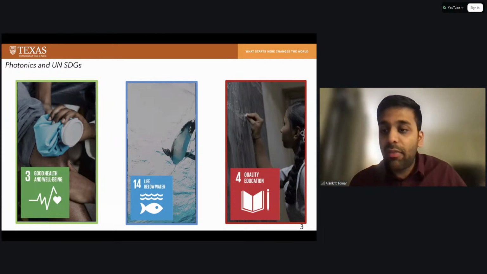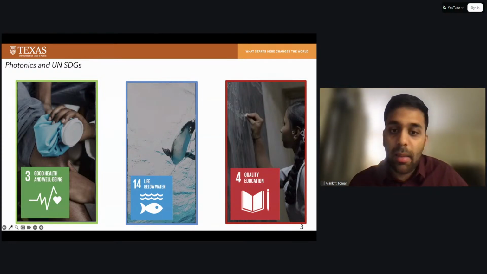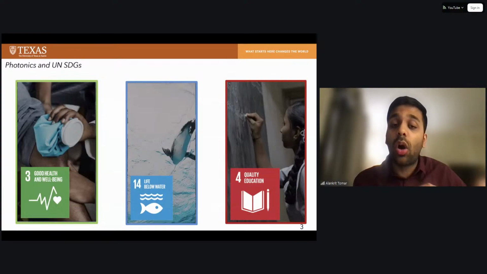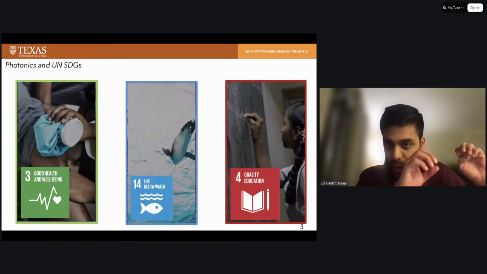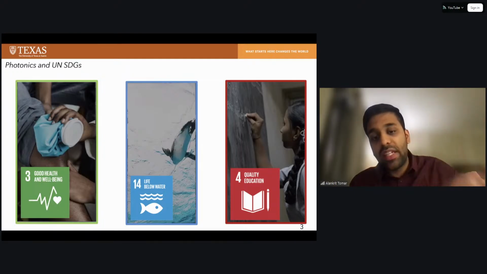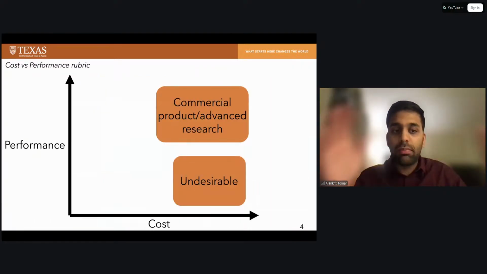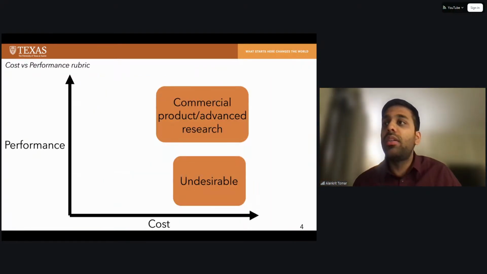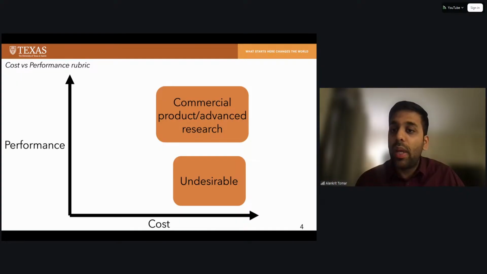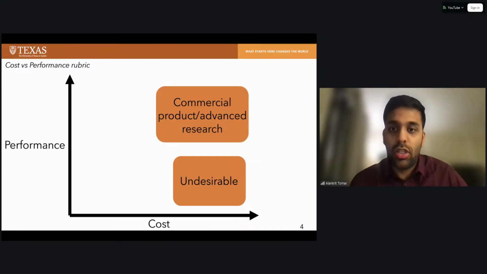And like I said, I will be taking examples from academic research as well as a field called frugal science or frugal engineering. So before diving into each of these sustainability goals, I wanted to give a little background on the difference between advanced research and frugal engineering.